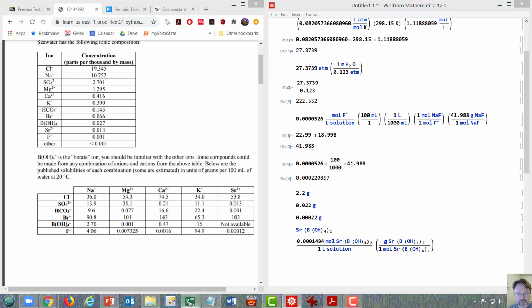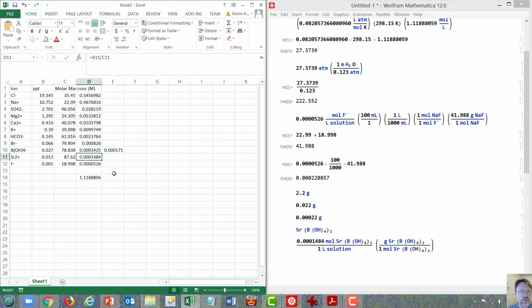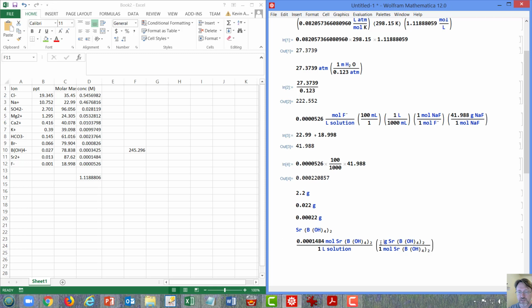Well, conveniently, over in here, we have the molar masses of these ions already. So what we need for the molar mass is to take this molar mass times 2 plus this molar mass. So this is going to be 245.296 grams. And that tells us how many grams we have in 1 liter of solution.